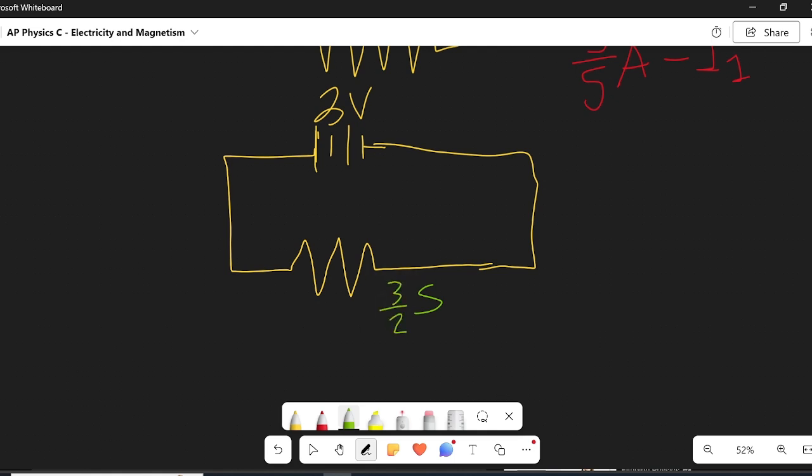So now that we have 3/2 Siemens, we can convert this directly back to resistance. So this is going to just become 2/3 ohms.